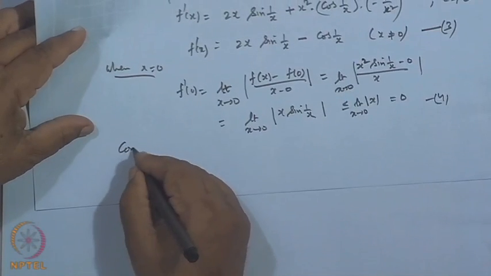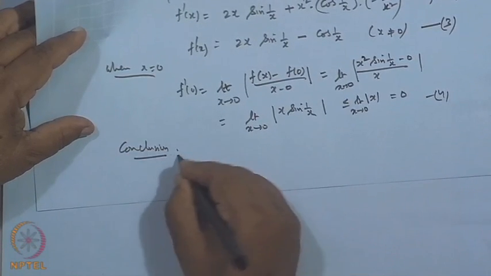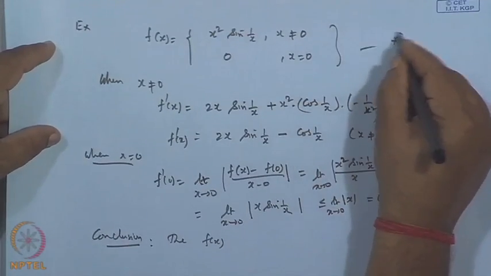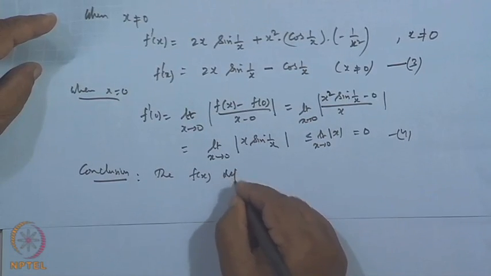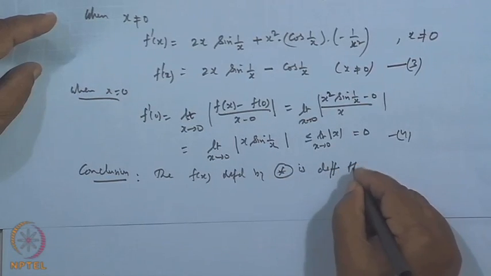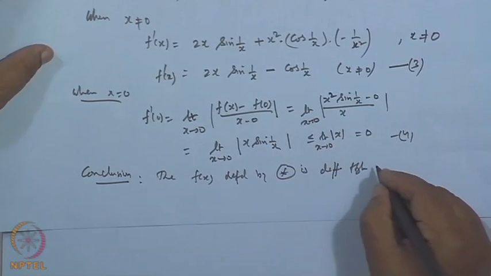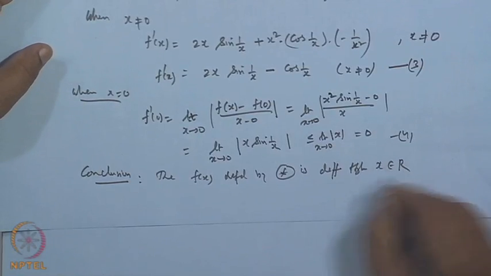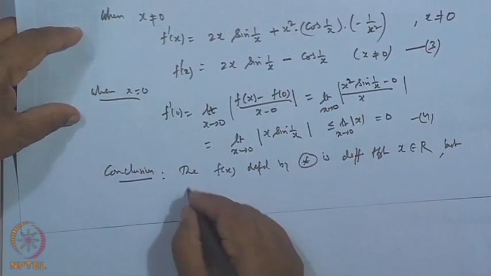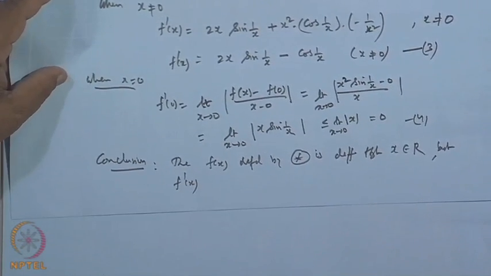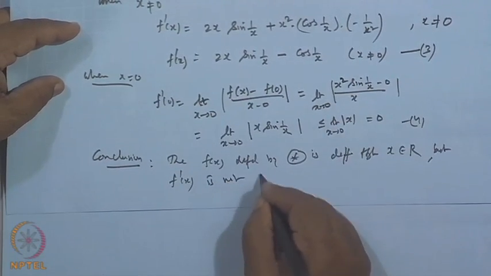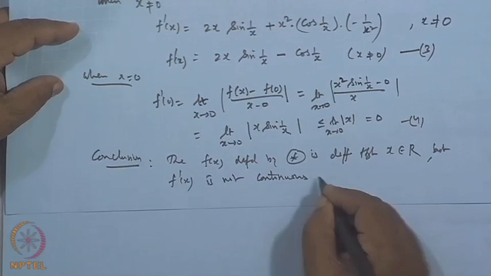So, the conclusion is that the function f x defined by star is differentiable throughout x belonging to R, including x equal to 0, but the derivative of the function f x, if you look, is not continuous at x equal to 0.